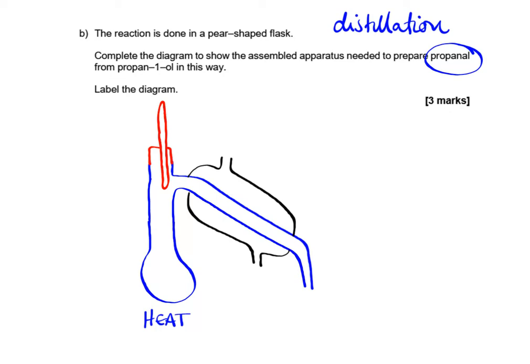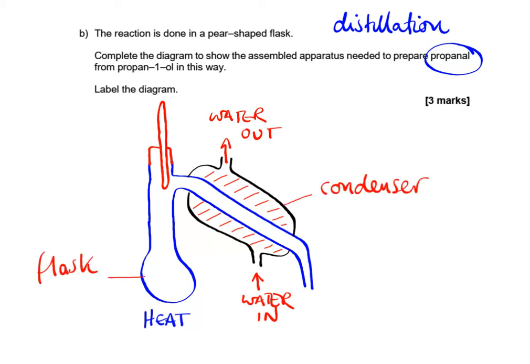Here's where the water will go in, so it goes in at the bottom and out here, and then I'll probably just show that that would be filled with water, and then just finish off with a couple of labels, one for the condenser and one for what I can assure you is a flask.